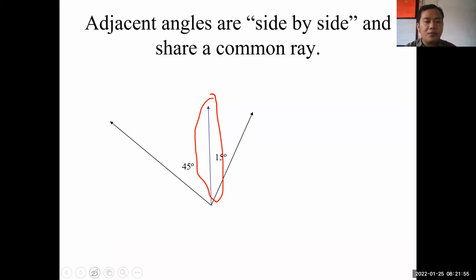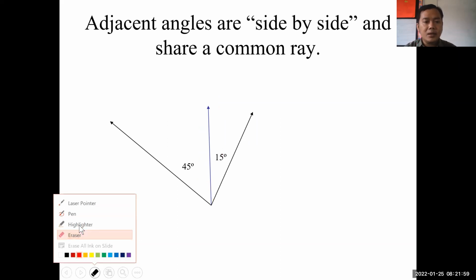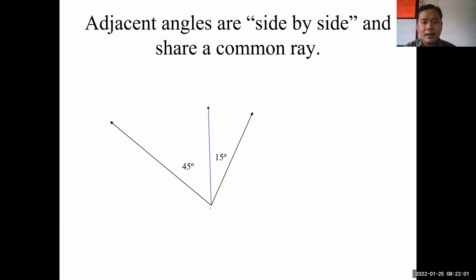So I'm going to give a name to that to make it easier for you to understand. Let's say this is ray AB, and then we have another one, maybe ray AC. So let's say I have these two rays, ray AB and ray AC. And then I make another, it's not making another ray, but dividing that angle into two parts.